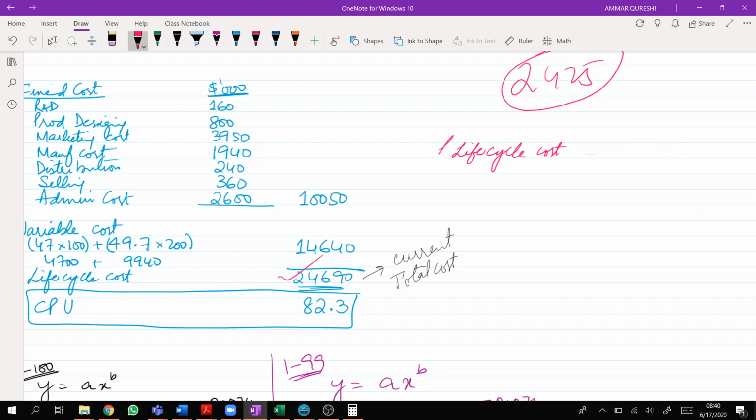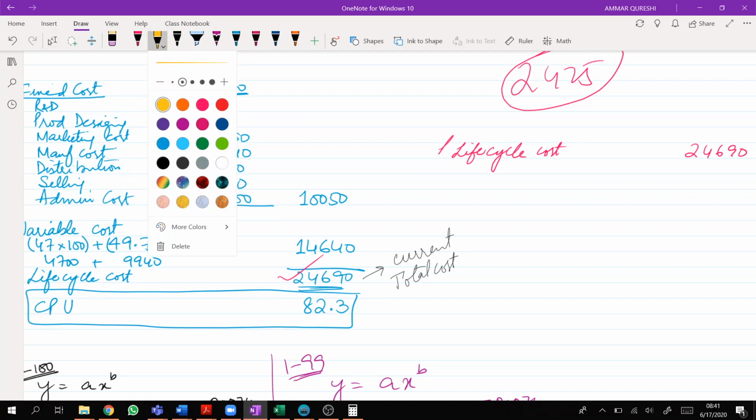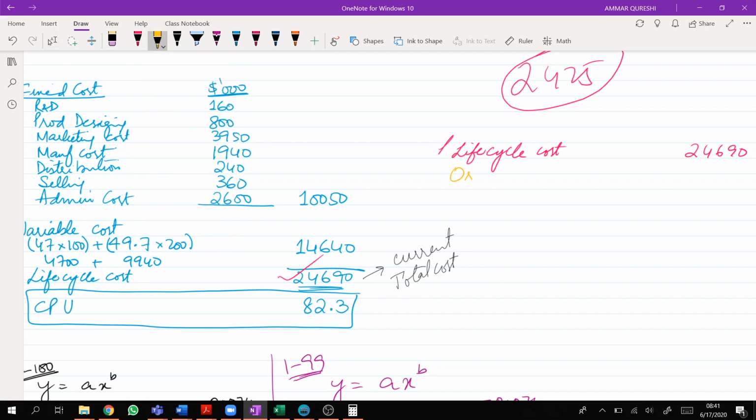Let me write it here, 24690. What is the original labor cost? Original labor cost is for year 1.